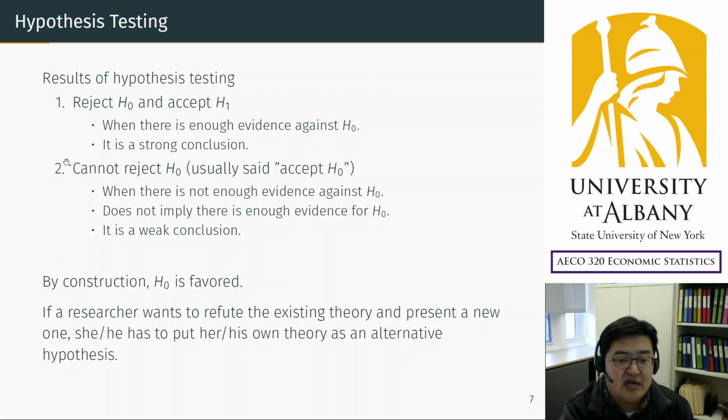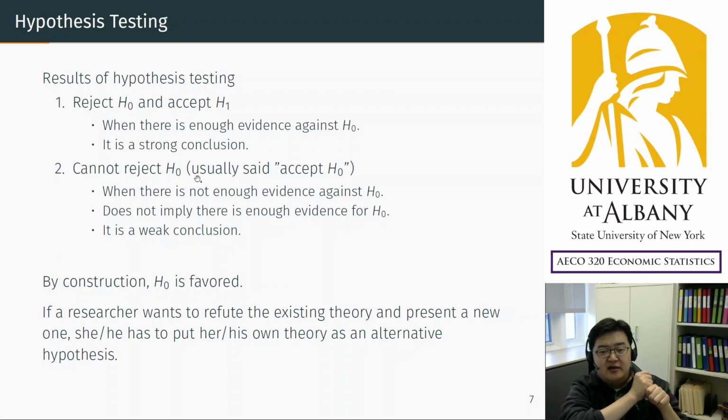So I think "cannot reject," not rejecting the null hypothesis, delivers the meaning better. And as I said, it can be two possible cases. You cannot reject the null hypothesis if the data is strongly consistent with your hypothesis.